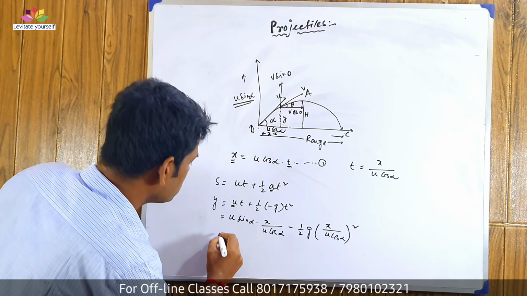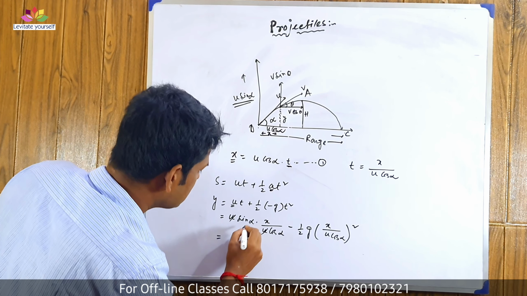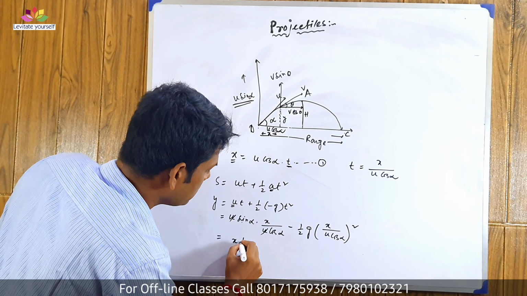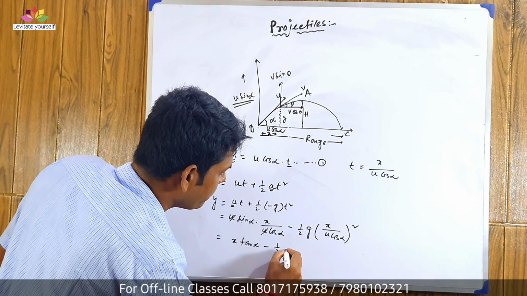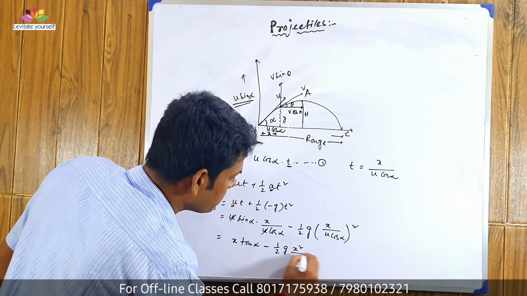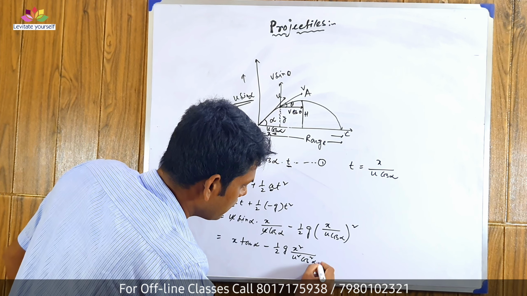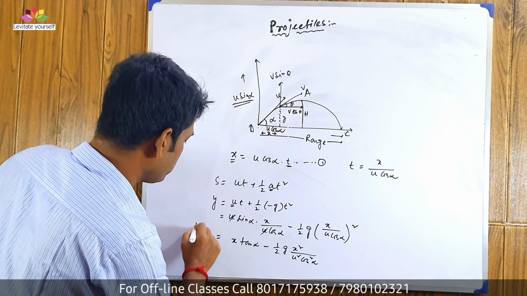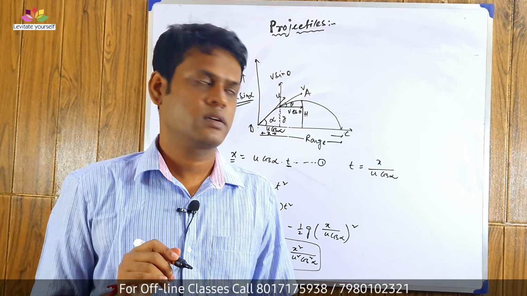Cancelling, we get x sin alpha by cos alpha, that is x tan alpha, minus half g x square by u square cos square alpha. This is the equation of projectile motion.